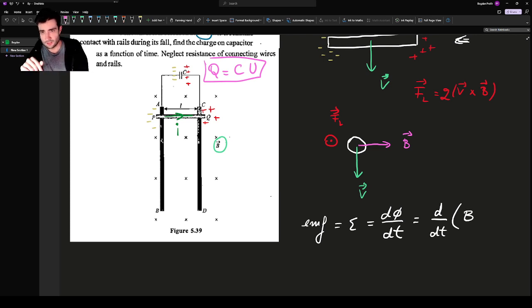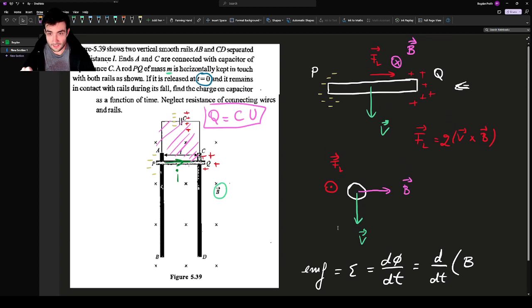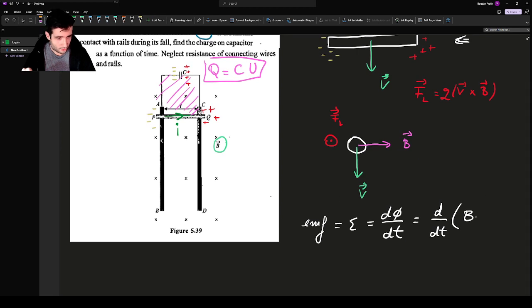So I'll look at the magnetic flux through this rectangular section, because that's the loop created by our conductor PQ. So we have B, and then the area of a rectangle: L is the horizontal distance, multiplied by y, the vertical distance.